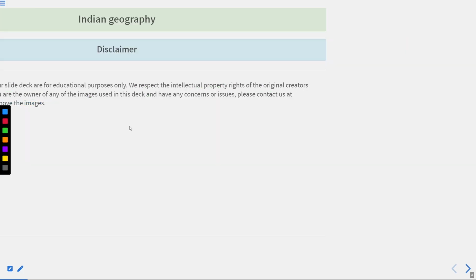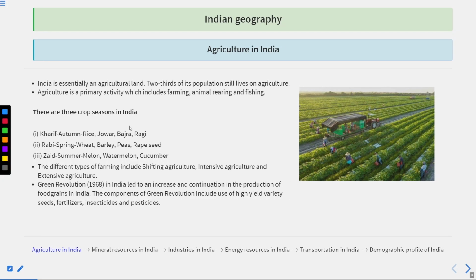Now, let's first start with agriculture in India. If we talk about agriculture in India, then this is not just a part of Indian geography, but it is also important from the Indian history point of view and the Indian economy point of view. Why?